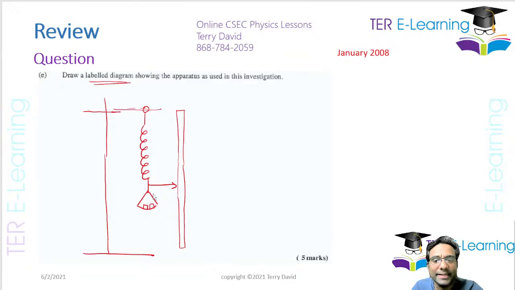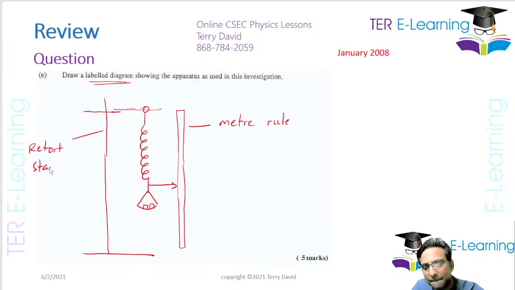So this is my basic diagram that I need to use in order to investigate Hooke's law, right? So this here is my meter rule. This here is my retort stand, because you need something to hold up the spring, right? This is your spring that you're doing the investigation on.